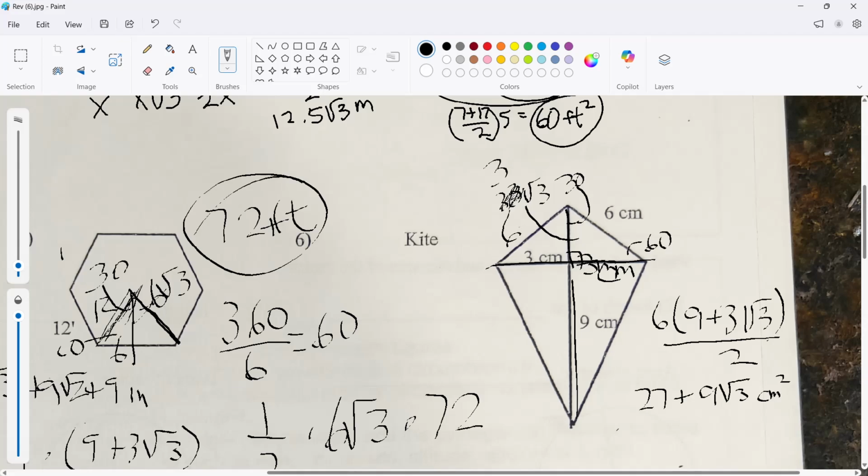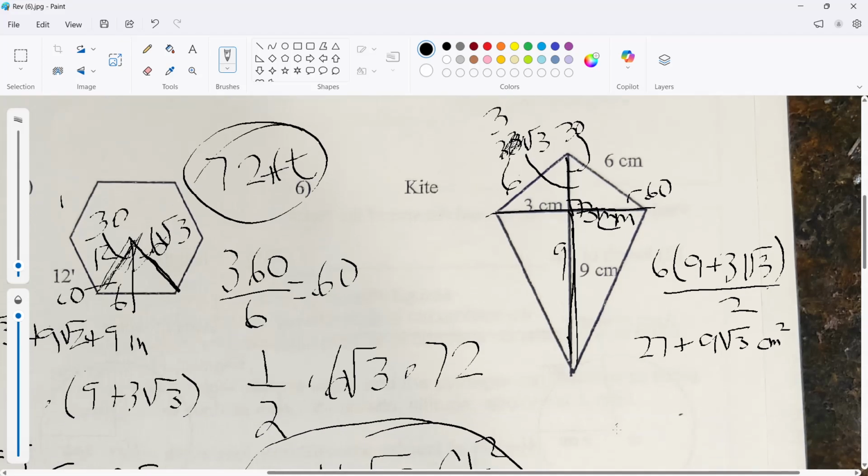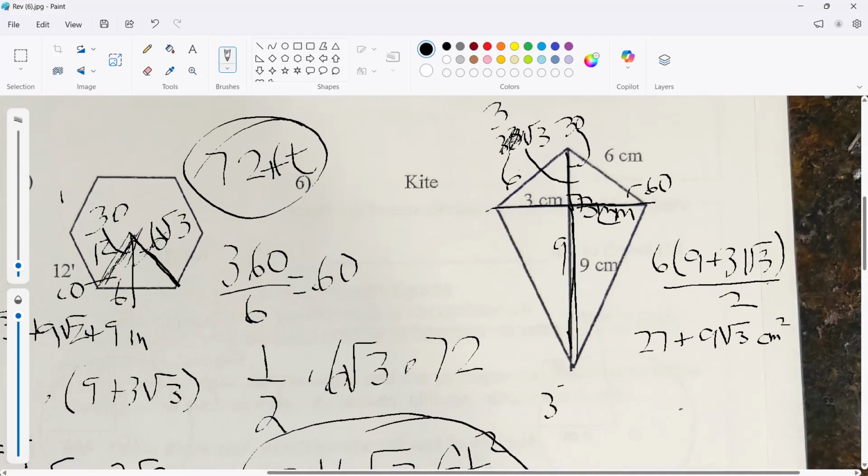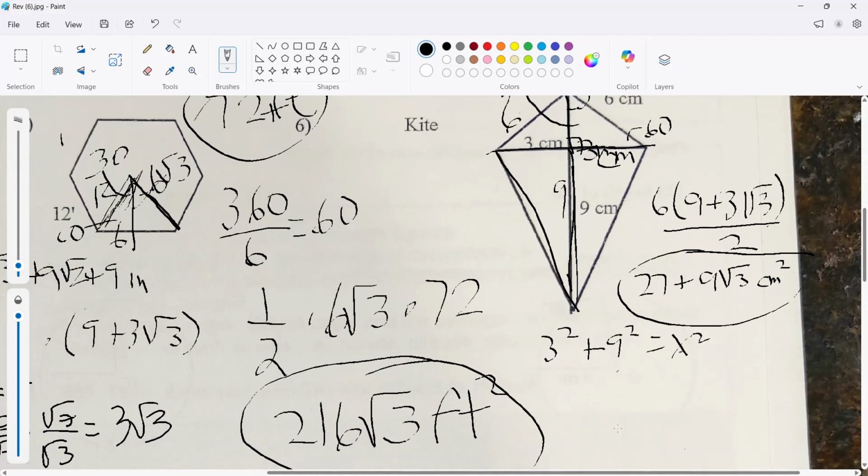I know that's 3, I know that's 9, so I use the Pythagorean theorem. 3 squared plus 9 squared equals x squared. 9 plus 81 is 90. 90 equals x squared. So x equals the square root of 90. And what is that? I can do 9 times 10, so it's 3 square root of 10.